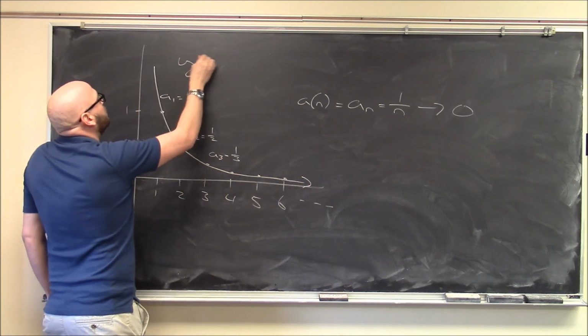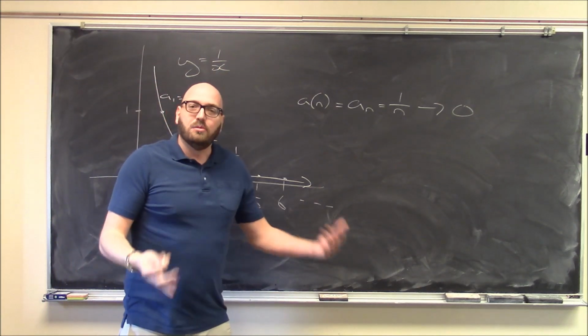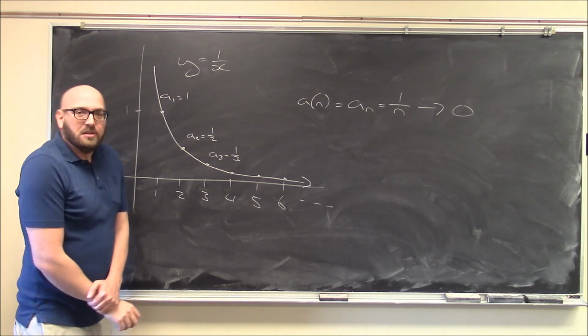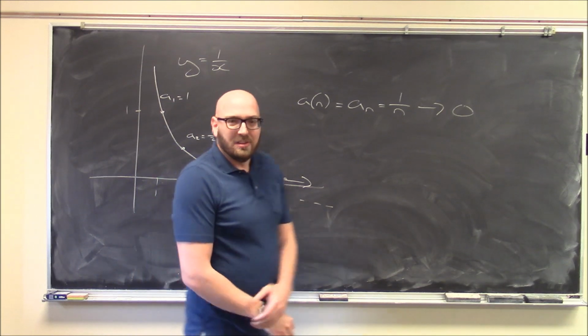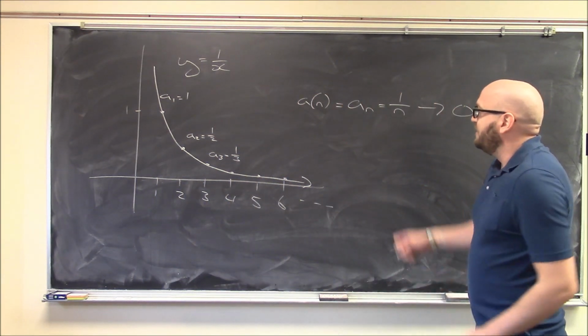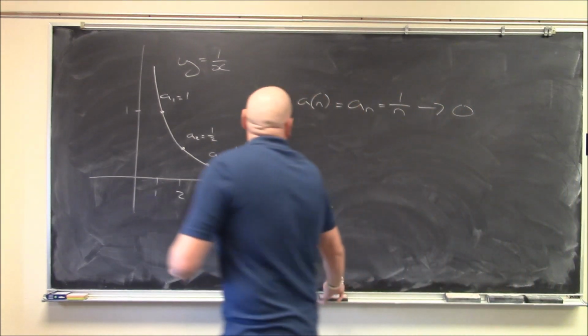So here's y equals 1 over x. And you're probably just applying your calculus 1 knowledge for these continuous functions and saying, well, I know 1 over x goes to 0, so 1 over n must do the same thing. And it turns out with sequences, you're usually allowed to do this. This is fine. You're allowed to just replace your sequence with a continuous function instead. And ask, what's my limit in this case?